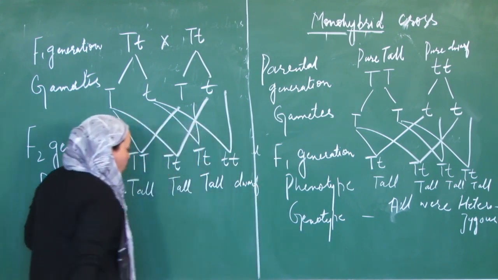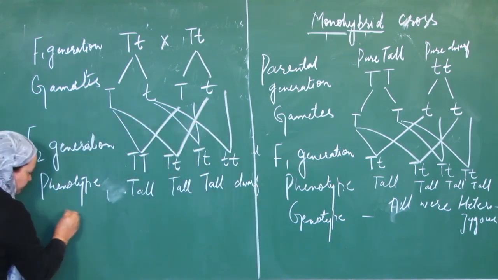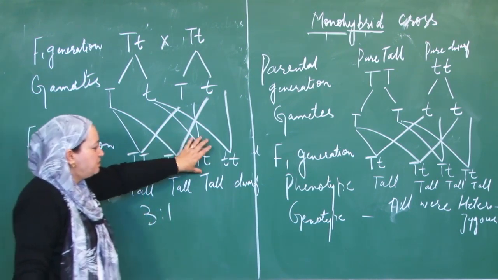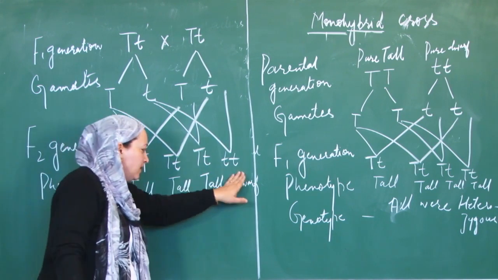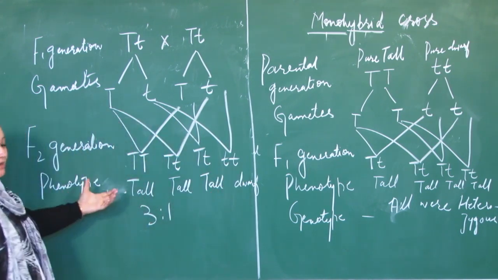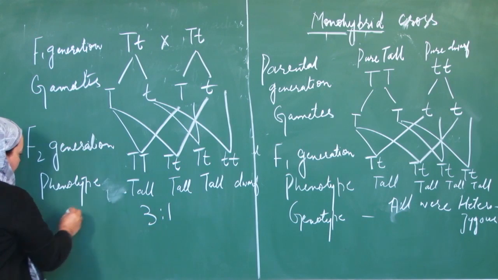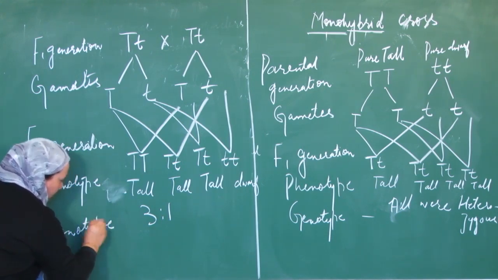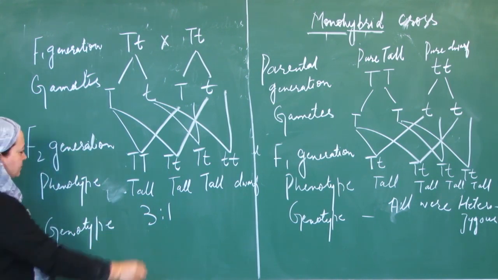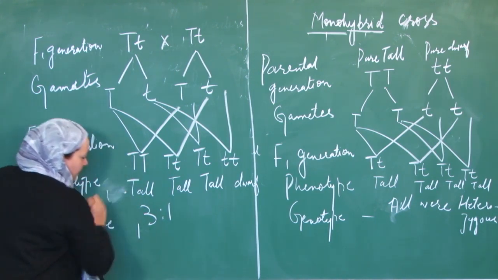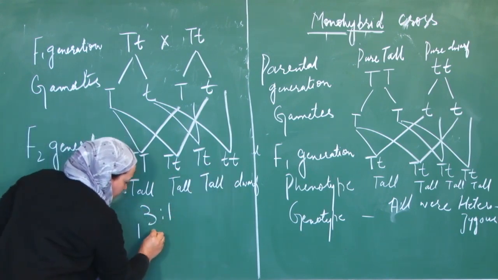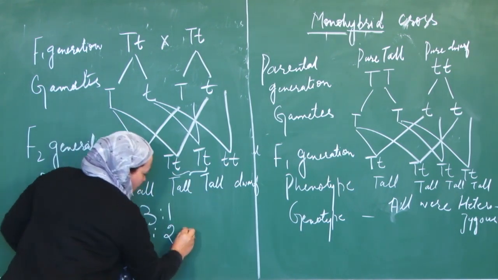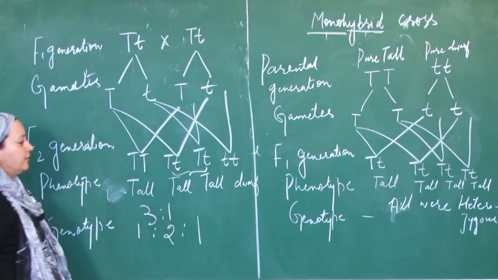So, what was the phenotypic ratio? 3:1. 3 pea plants were tall and 1 pea plant was dwarf. This was the physical appearance, the phenotypic ratio. But when he found the genotype, what was the genotypic ratio? 1 was pure tall, 2 were in a heterozygous condition, and 1 was pure dwarf.